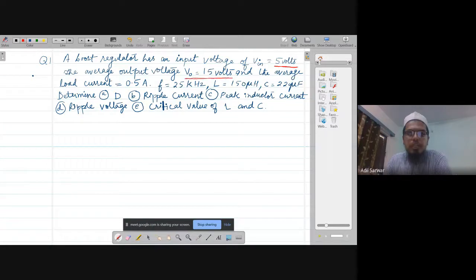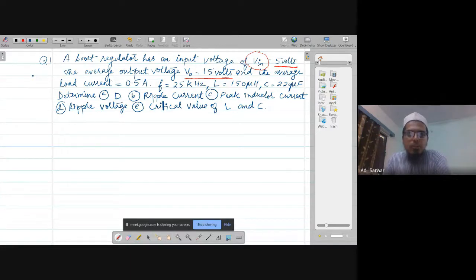Remember the expression that we derived, which was a function of D, the duty ratio, and related the input voltage and the average output voltage.